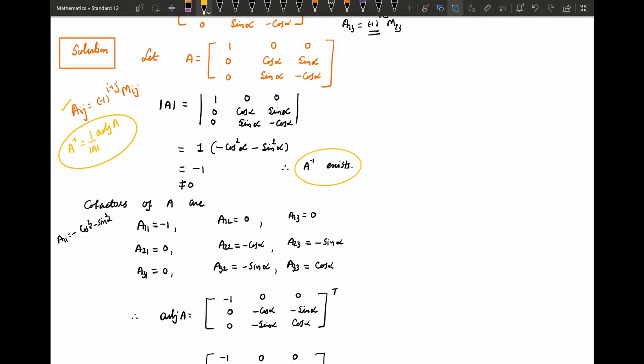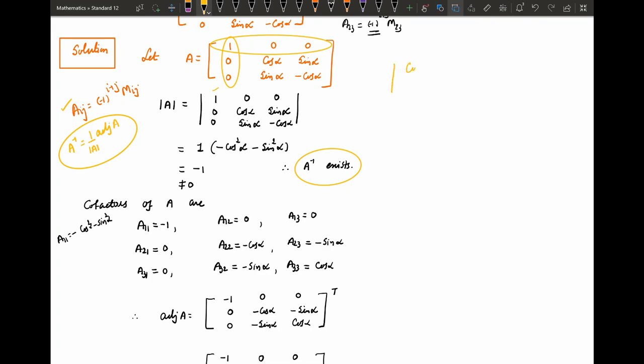So cofactor of 1. To find the cofactor of 1, you leave the column and row in which that entry lies.